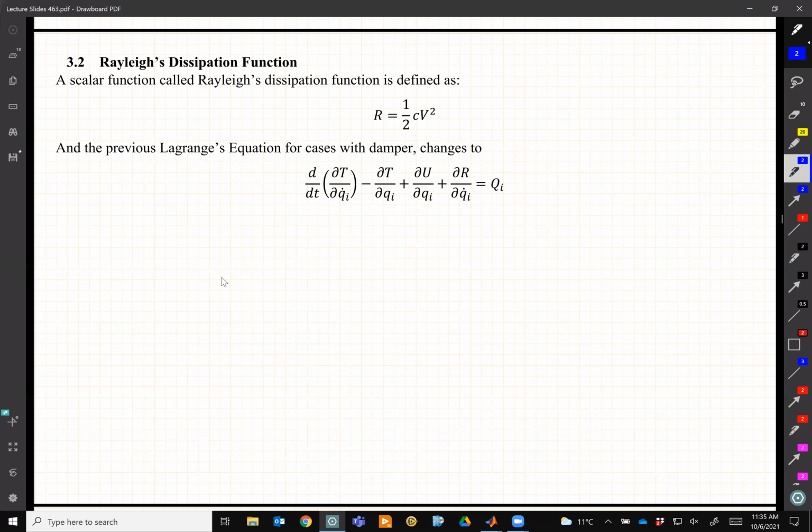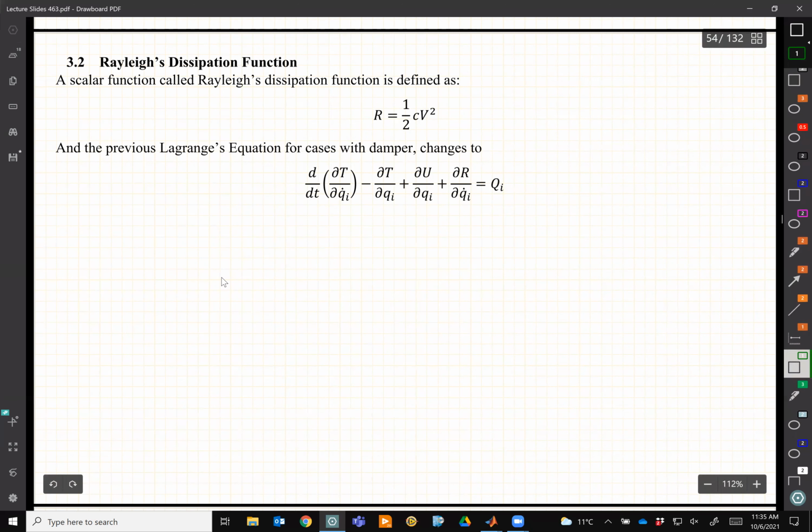That's the same Rayleigh. So he found a function which shows the amount of energy that is gonna be wasted or dissipated by damping. That function, again, we're not gonna go through the proof where it comes from, but if you're interested, just Google Rayleigh's dissipation function. It's a very long proof. That's the amount of energy that is gonna be, let's say, dissipated for a damping.